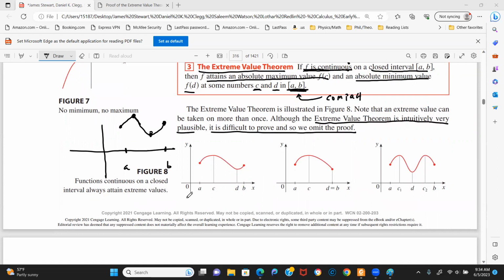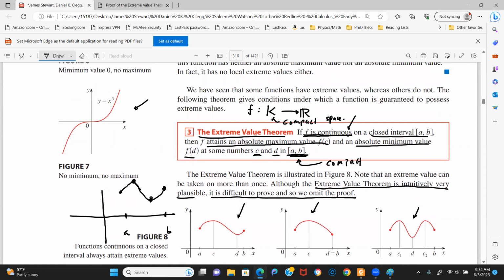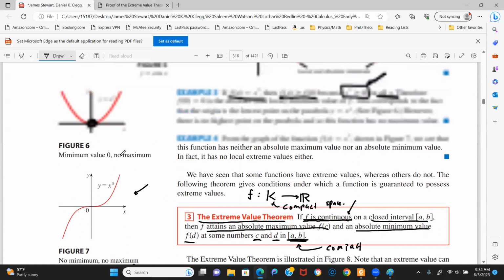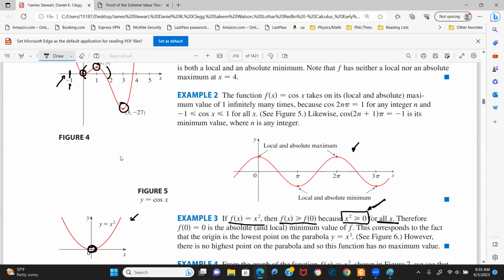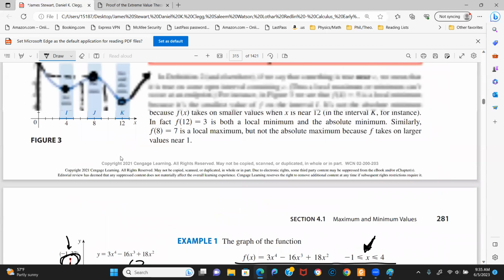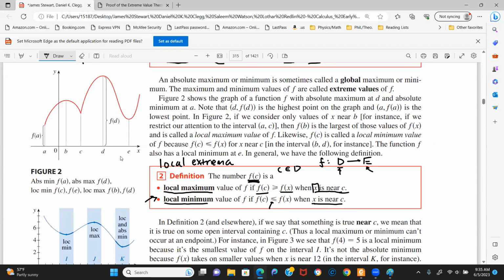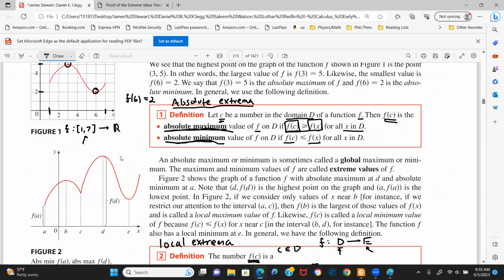You notice in basically all these examples, not only are these functions continuous, all of these functions are smooth, they're differentiable, with the exception of this one right here. So all these are very nice functions.